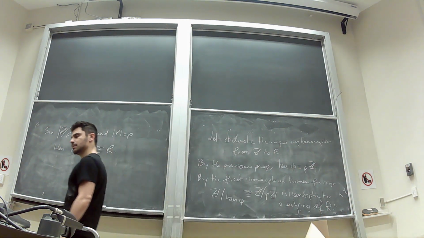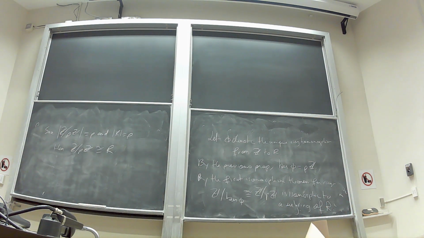Okay, now, so far so good. Great. Now, any ring with P elements is necessarily a field. So any ring with P elements is commutative, it's a field, and it's isomorphic to Z mod PZ. So we have a notation for this.